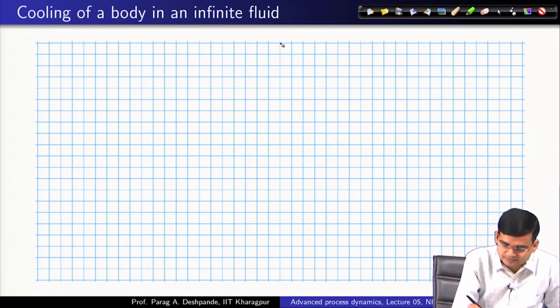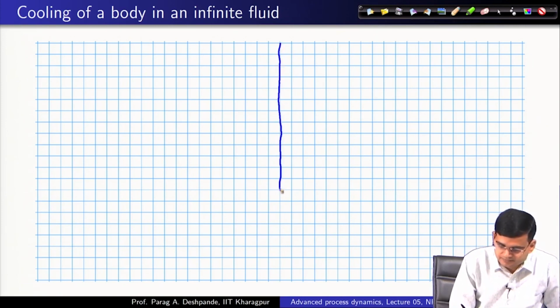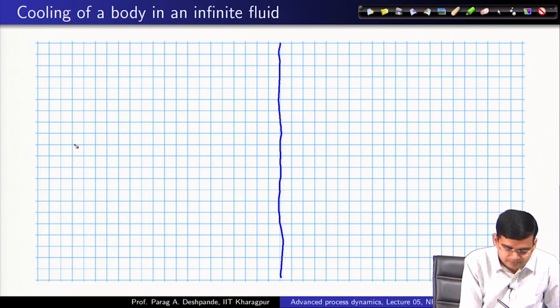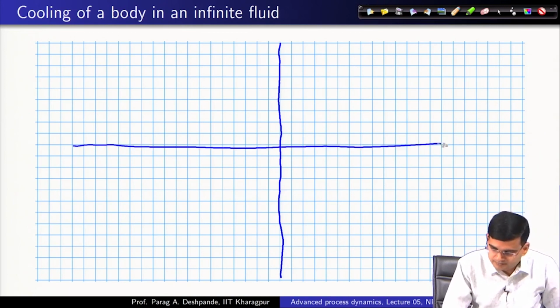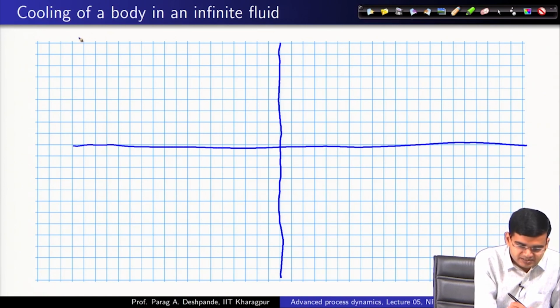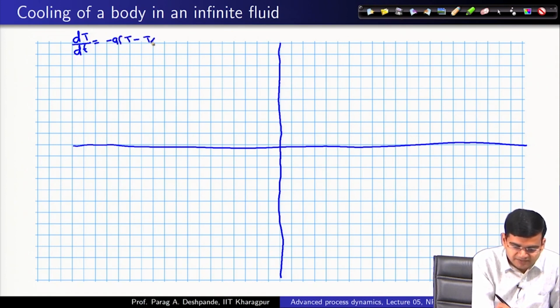So, my equation is dT by dt is equal to minus A (T minus T infinity).